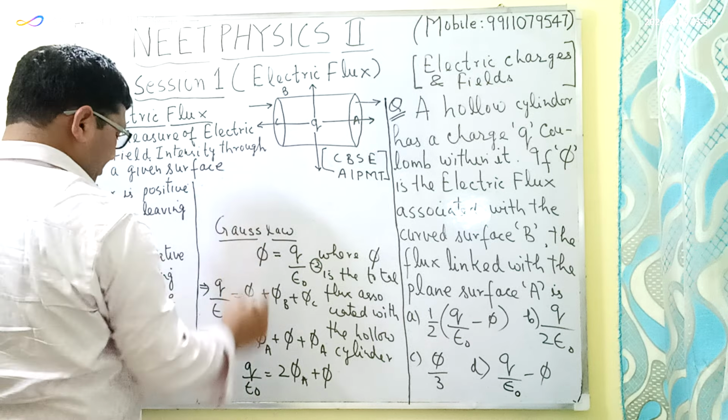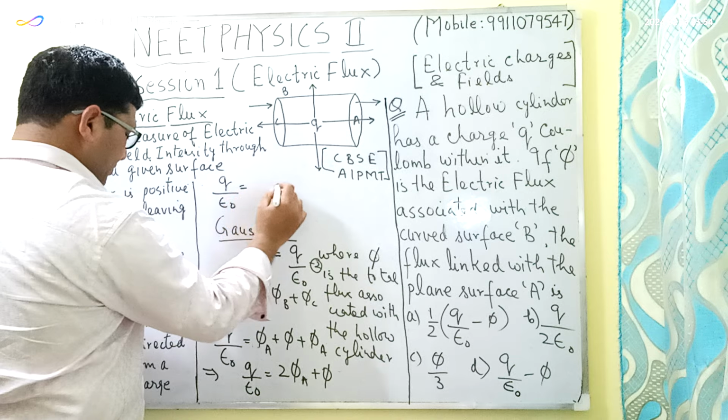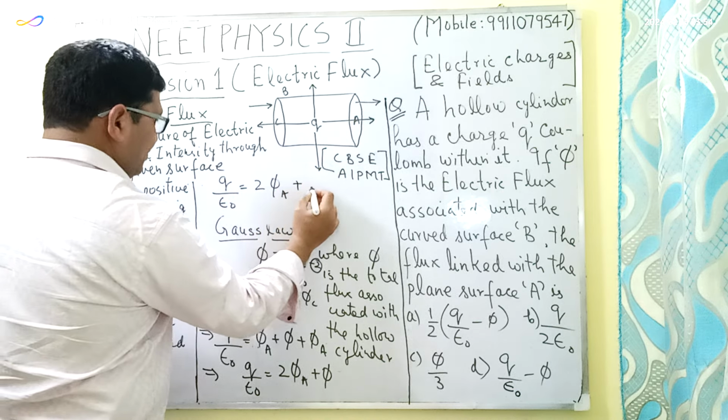So from here, Q upon epsilon naught is equal to 2 phi A plus phi.